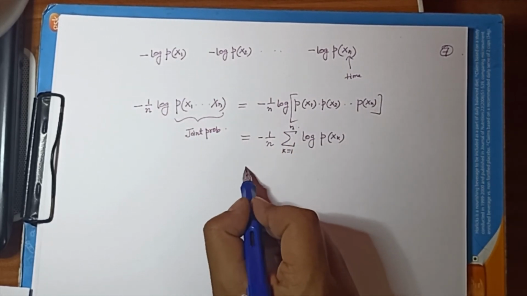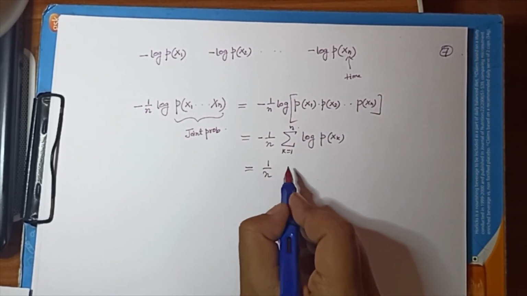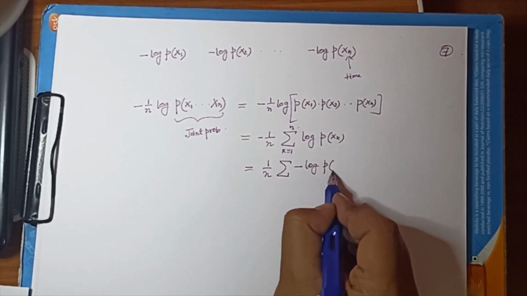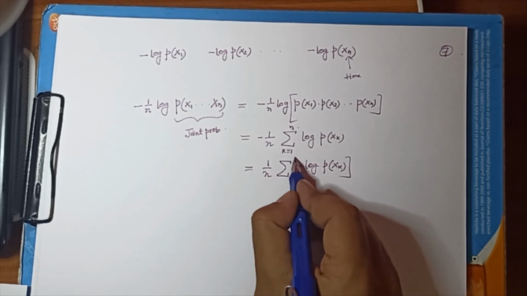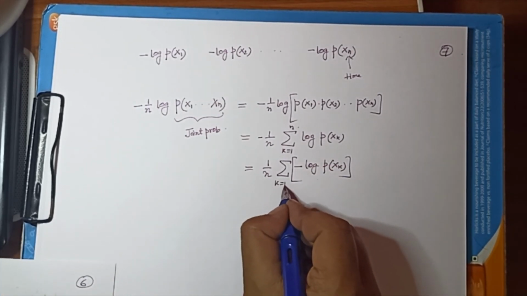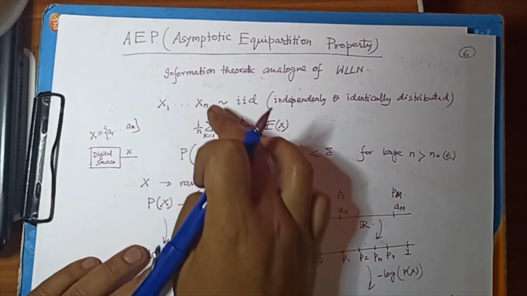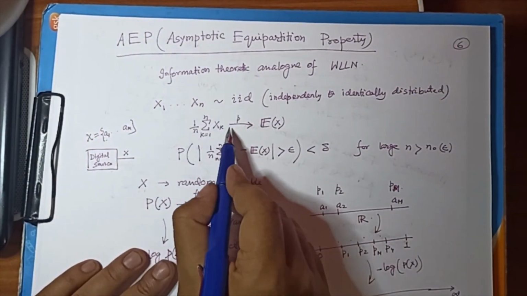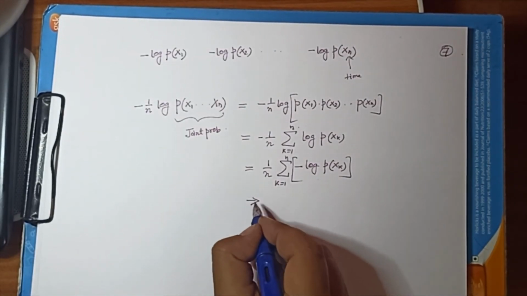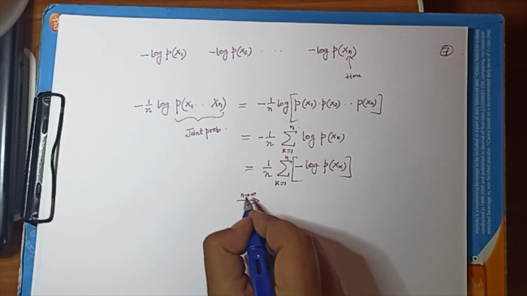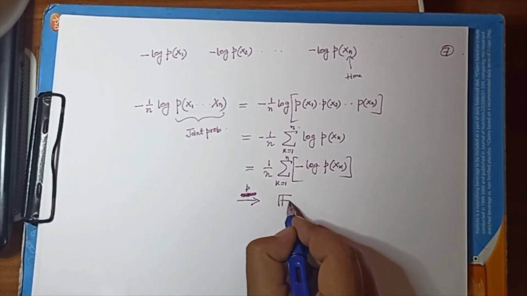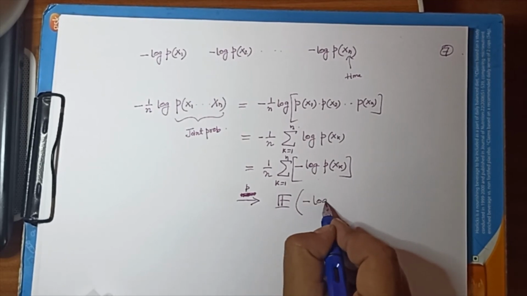Now what is this? This is essentially the average of some random variables. These are random variables, minus log p(xk), and you are taking the average. So it should, in probability, move towards the expectation of that. As n tends to infinity, in probability, it should move towards the expectation of this random variable.